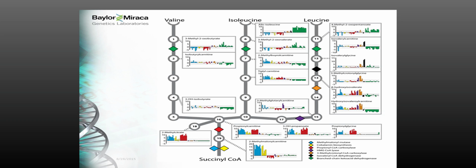And you can see the various metabolites along these different nodes and the plots of these different disorders, how in z-score these vary and are distinct one from another, and allow us to see very specifically where the block is.